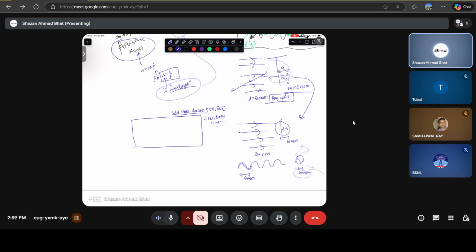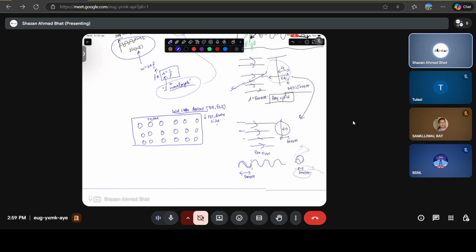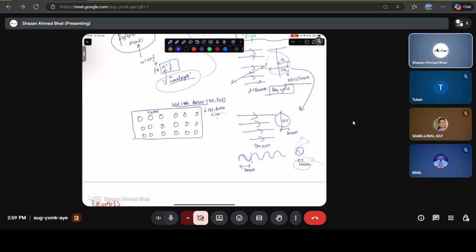So if you have a perfect crystal wherein you have the atoms arranged something like this in a perfect crystalline fashion, in these atoms there are electrons. Each atom has its own electron cloud. So these are electrons for each atom.